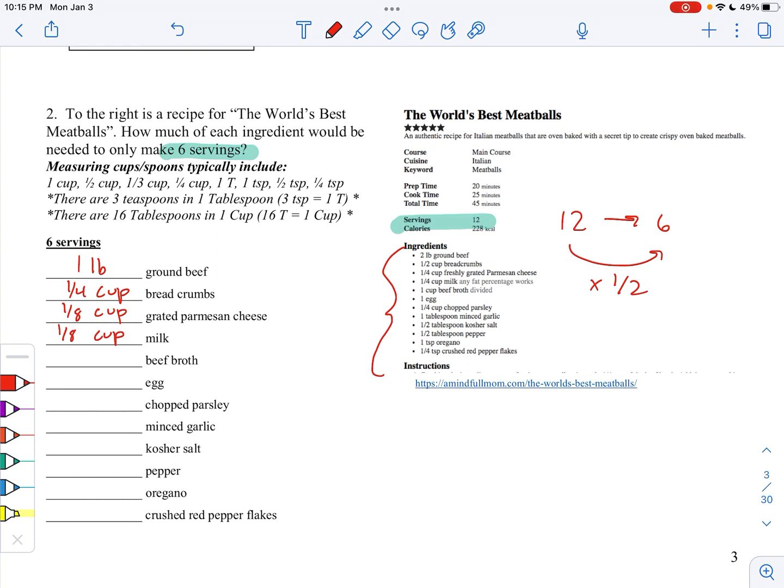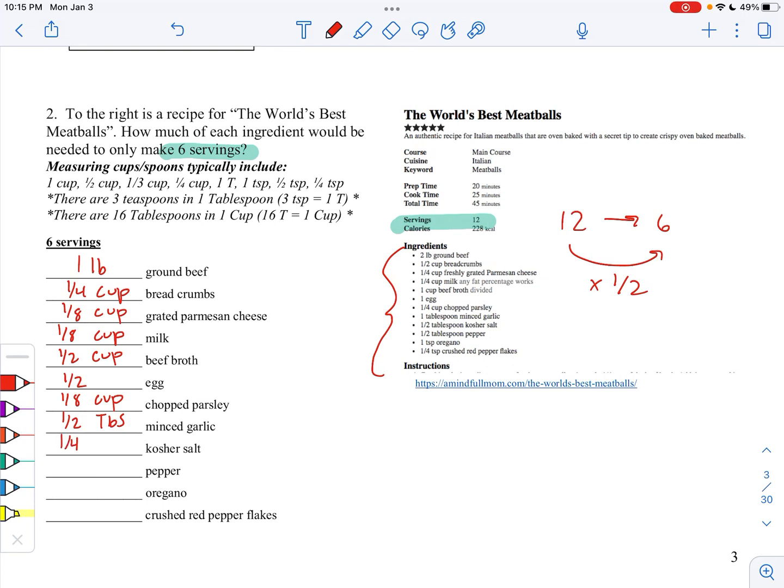I need 1/2 a cup of the beef broth. I need 1/2 an egg. That might be tricky. I need 1/8 a cup of chopped broccoli. I need 1/2 a tablespoon of minced garlic.